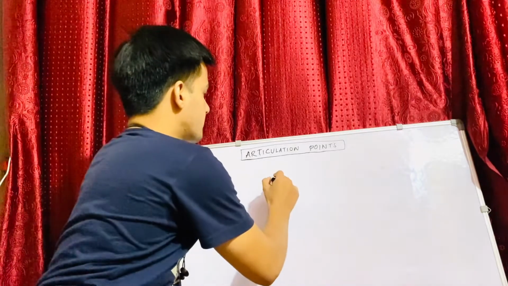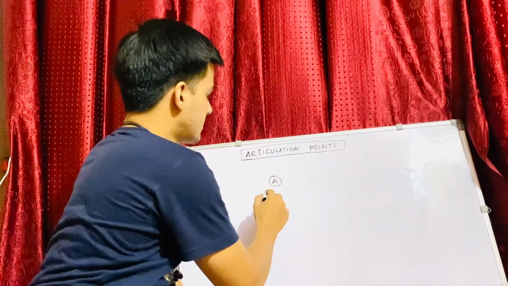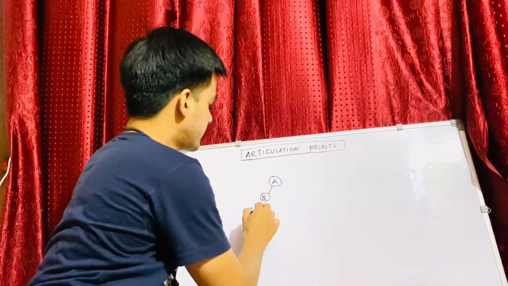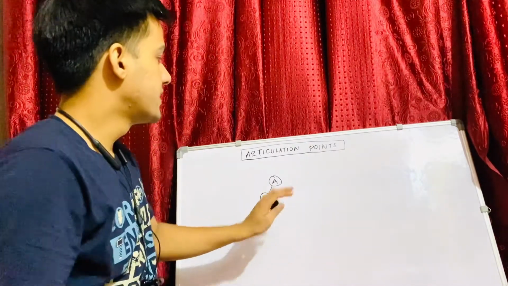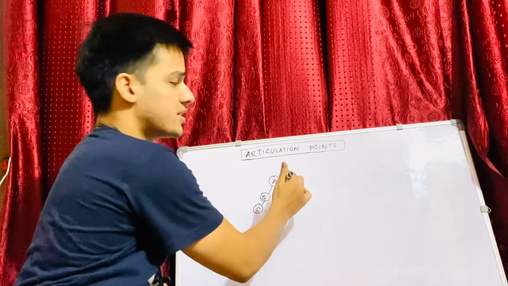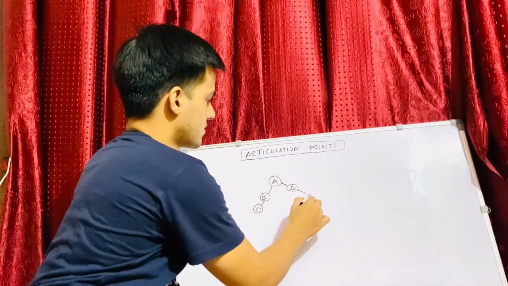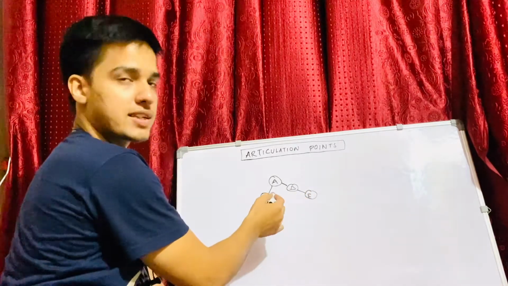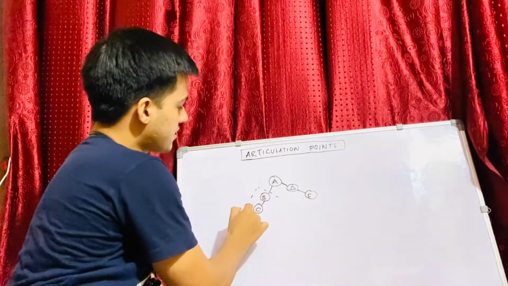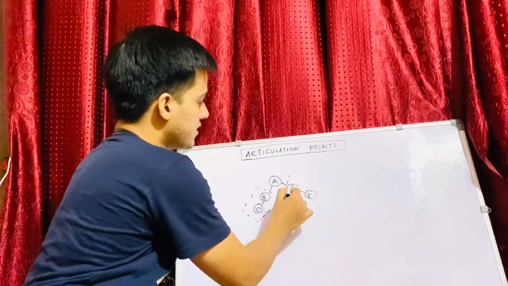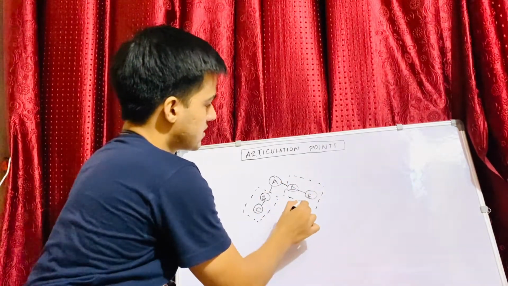Let's take the same example where we had A, B, and C, right? Let's suppose this A has multiple children. This graph is something like this, where this is a completely separate component and this is a separate component.